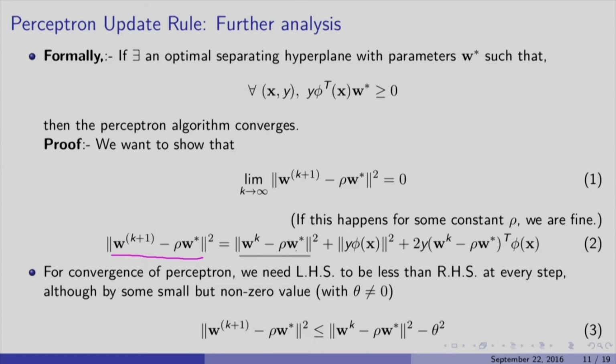So rho remains the same, and basically if you now expand the squares, you will get w k minus rho w star square plus a bunch of other terms, square of y phi x and 2y times w k minus rho w star transpose phi x. And this was all for a misclassified point phi x. So remember that phi x was misclassified.